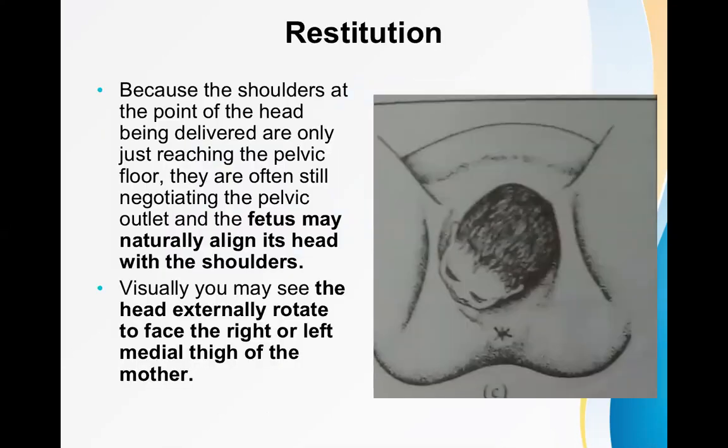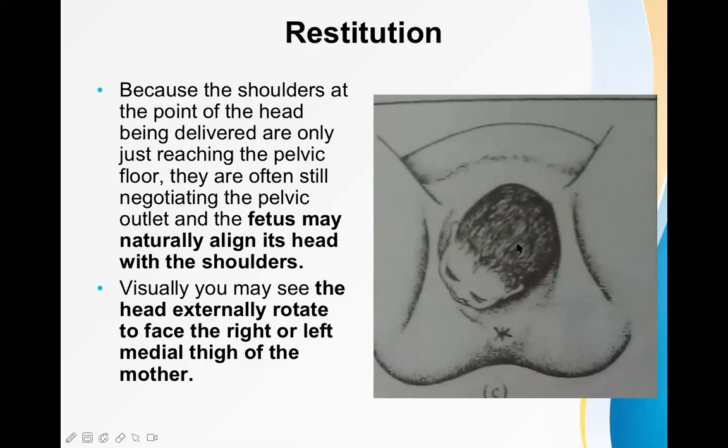Now, what is restitution? What do we mean by that? Look at this here. This picture is telling us about restitution. Because the shoulders at the point of the head being delivered are only just reaching the pelvic floor, they are often still negotiating the pelvic outlet, and the fetus may naturally align its head with the shoulder.